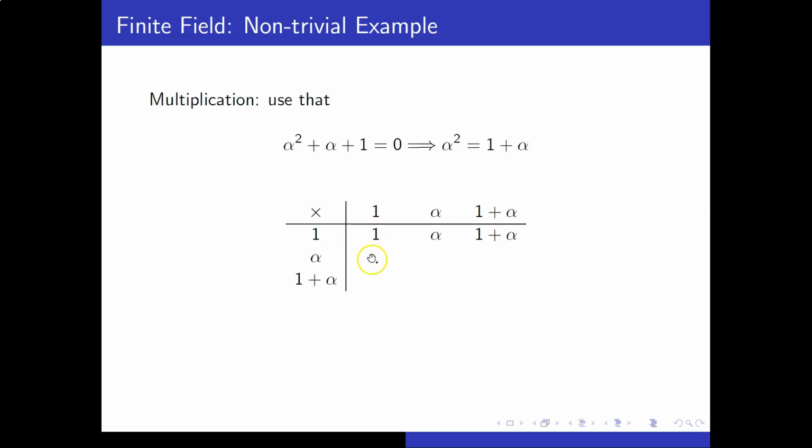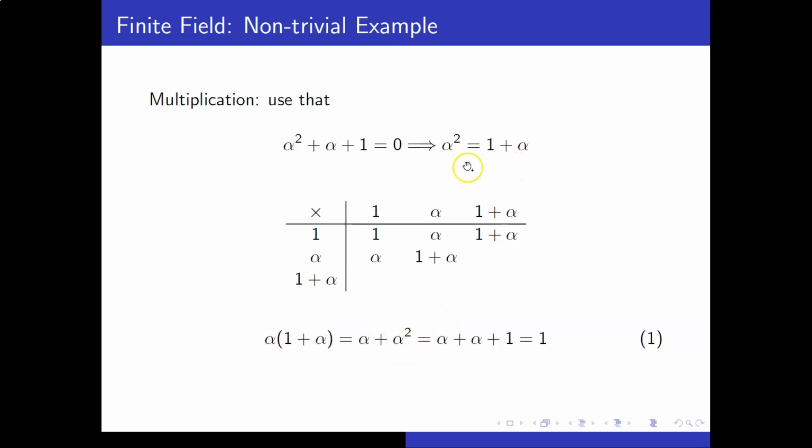Now, if I take alpha times 1, that's straightforward enough. That's alpha. If I take alpha times alpha, I get alpha squared. But alpha squared is 1 plus alpha. So that takes care of those two. Then I've got to figure out what alpha times 1 plus alpha is. I take alpha times 1 plus alpha, I get alpha plus alpha squared.